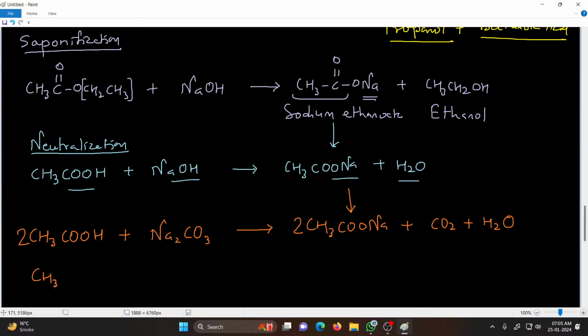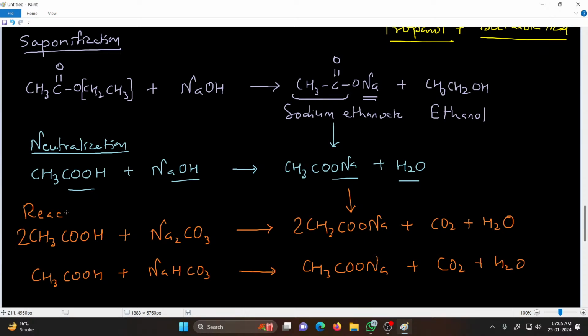Again the same products will be obtained if it is reacted with sodium hydrogen carbonate. In this case the products will be the same, CH3COONa along with carbon dioxide and water. So this is the reaction with metal carbonates or hydrogen carbonates.